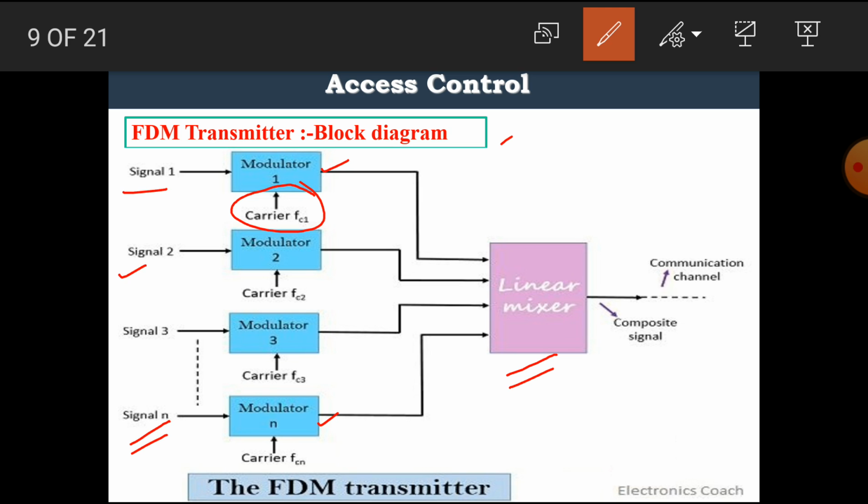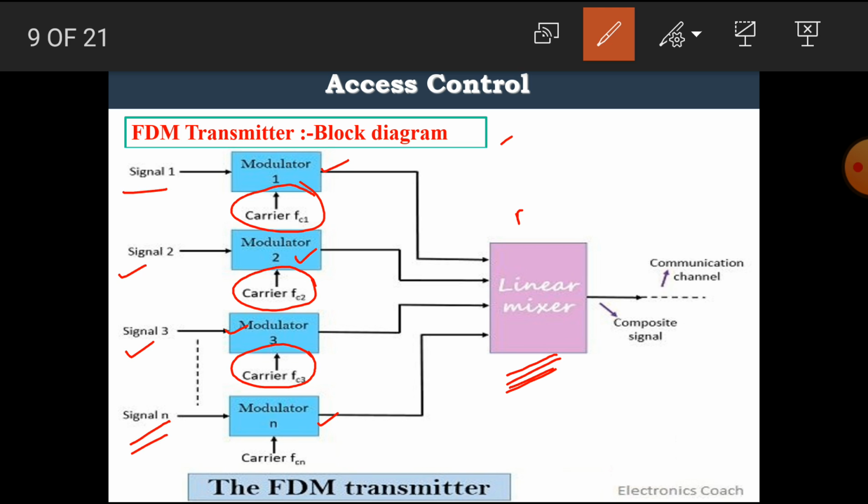Signal 2 is given to modulator 2, where it is modulated with the carrier frequency fc2. Signal 3 is given to modulator 3, which is modulated at the carrier frequency fc3, and all these modulated signals are then given to the linear mixer.